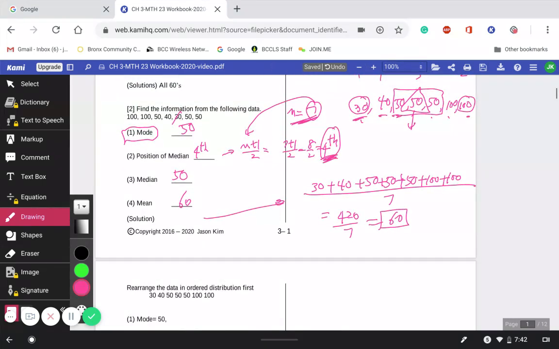So when you compare mode and mean and median value, they could be the same, they could be different, but it's not that different. Okay? Especially when you have a small size data.